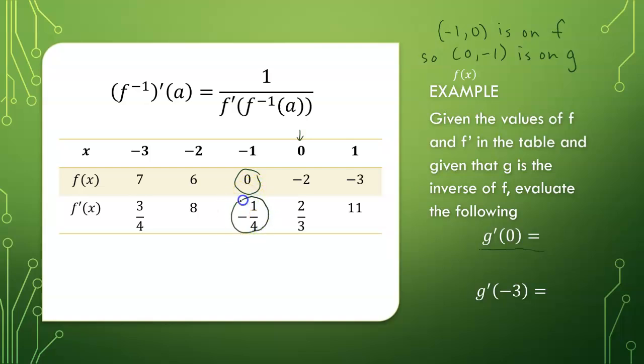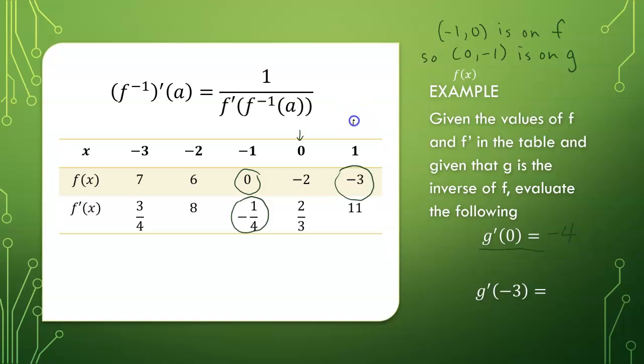So since the slope of f at -1 is -1/4, the slope of the inverse at 0 is going to be -4. Similarly, if I'm looking for g prime of -3, that means I'm looking for the y coordinate in the table of -3.